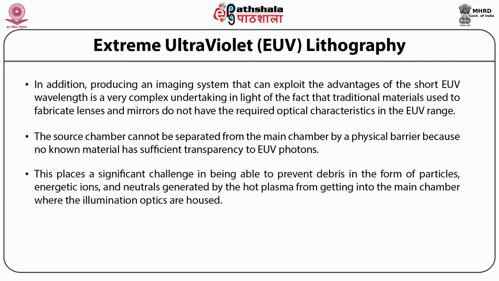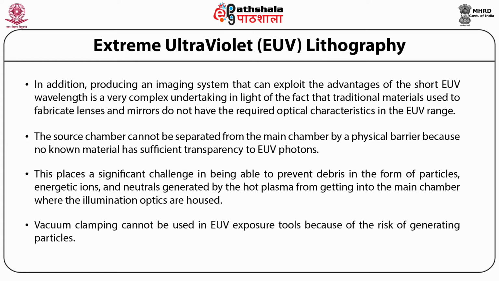This places a significant challenge in being able to prevent debris in the form of particles, energetic ions, and neutrals generated by the hot plasma from getting into the main chamber where the illumination optics are housed. Also, vacuum clamping cannot be used in EUV exposure tools because of the risk of generating particles.